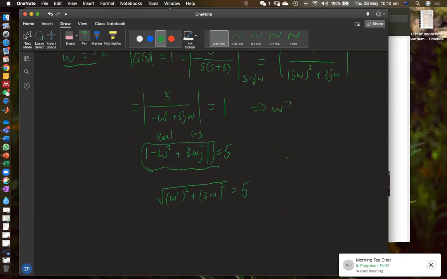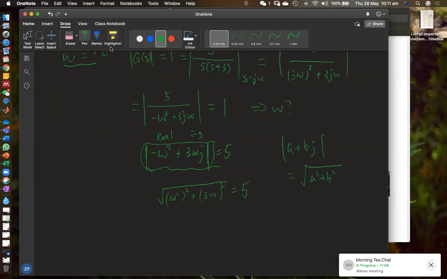Is that how you calculate? Oh, sorry, that's the absolute value. So the magnitude of this is equal to the square root of a squared plus b squared. And the top is just 5.